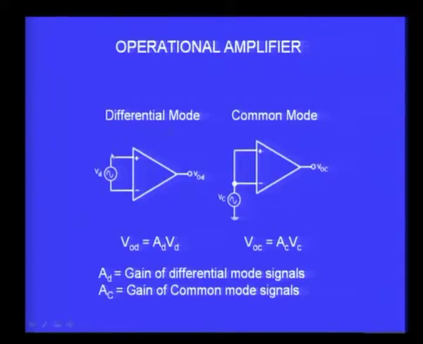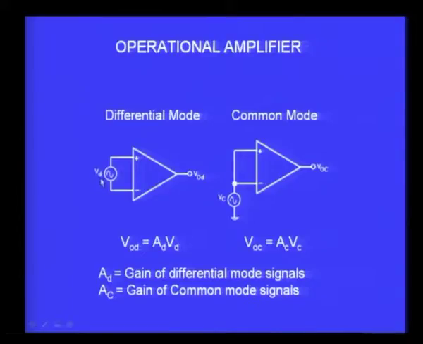So, this is called a differential mode of connection. Instead, if I connect the two inputs together, shorting them, and then apply a voltage between the ground and the point, then this signal becomes common to both the input terminals, and therefore, it is called common mode.